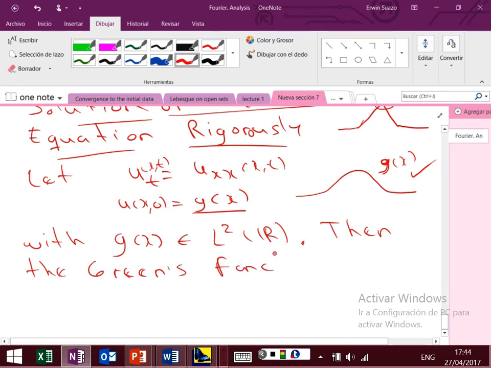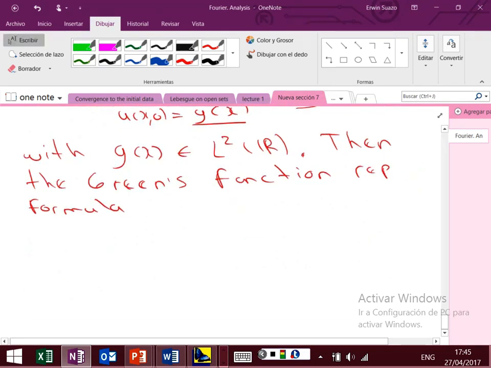That's something you look in the book of Bernard. In your book that you are using in functional analysis, you look up Green's functions. You will find this over there. Then the Green's function representation formula looks the following way: u(x,t) equals.